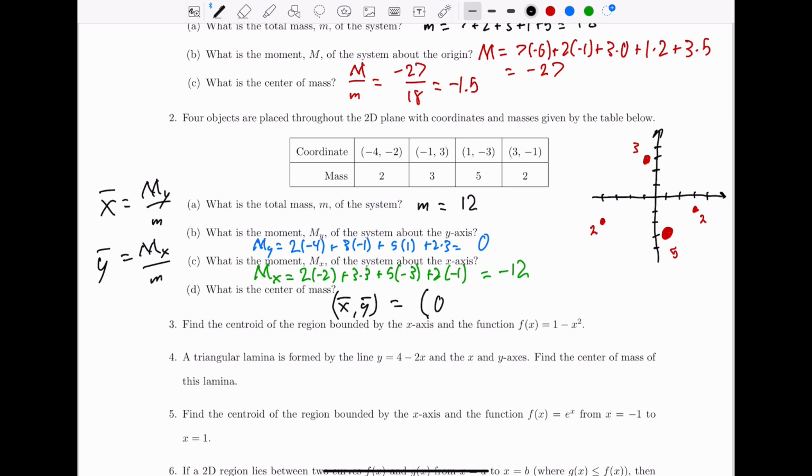So we have 0. The moment about the x-axis is -12. We divide -12 by 12, and we have -1. So the center of mass for this system lies at 0, -1, which is right here. That is the location about which all of these points will balance.